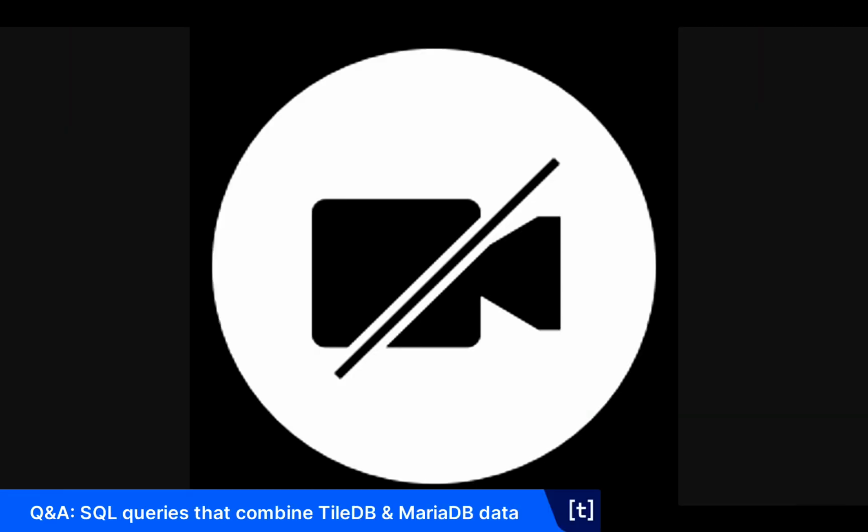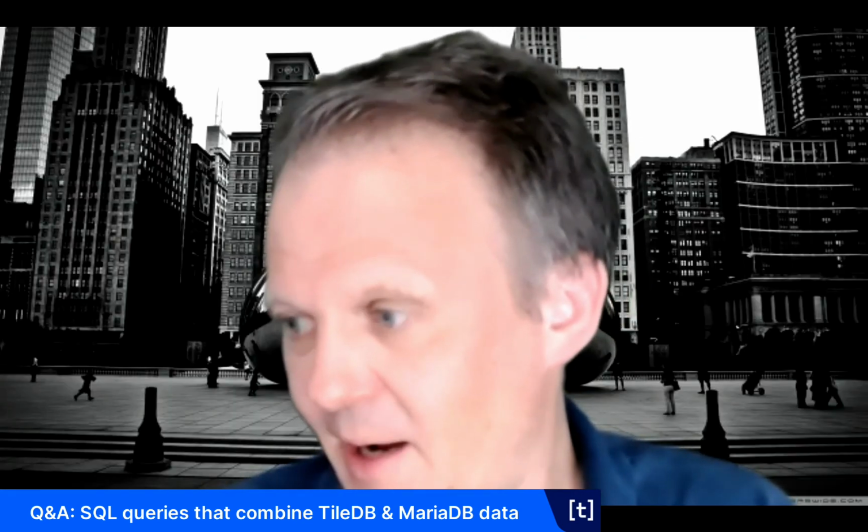Just unmute for a second. So Aaron and I were just checking notes over the SQL intersection question and whether we picked that up rightly. I think we finally realized by shooting back and forth and not being quite clear what the question was, the question really is, can you have a SQL query that goes back against TileDB content as well as other content that MariaDB may be set up to query? And the answer to that is yes, absolutely.